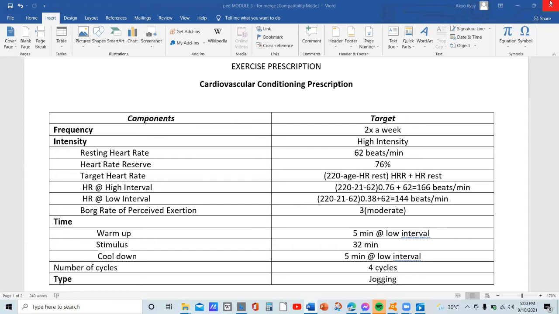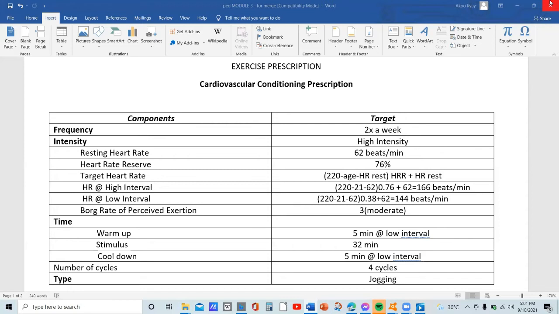Then I subtracted my resting heart rate. After that, I multiplied by 0.76, which comes from my heart rate reserve in decimal form, plus 62, which is my resting heart rate. So I got 162 beats per minute.